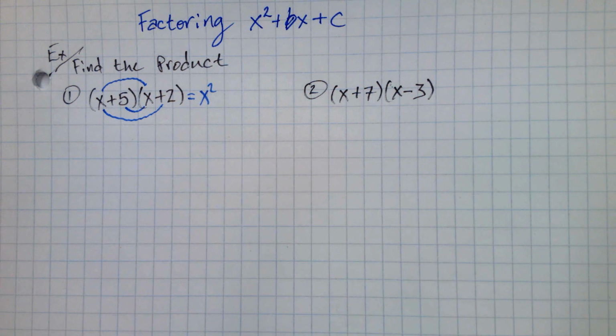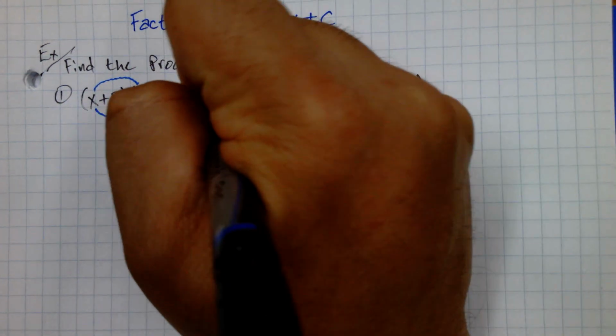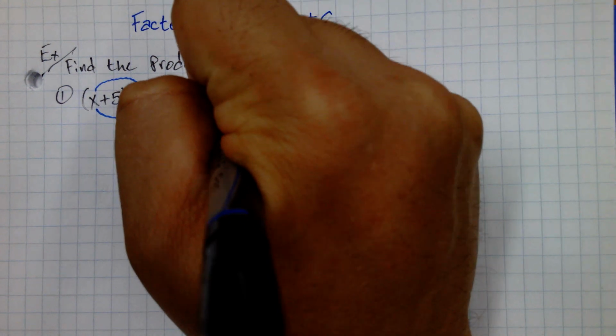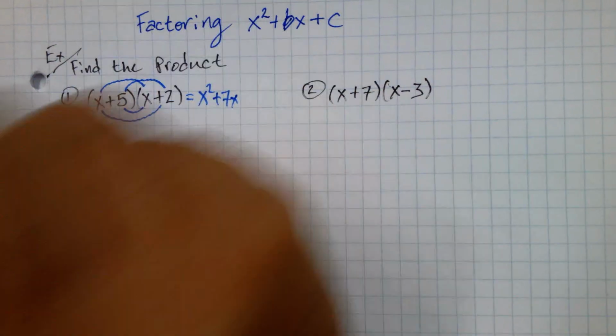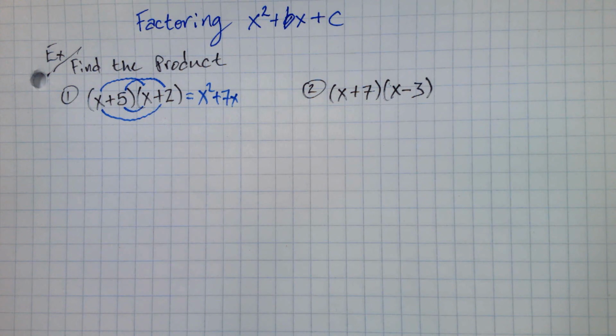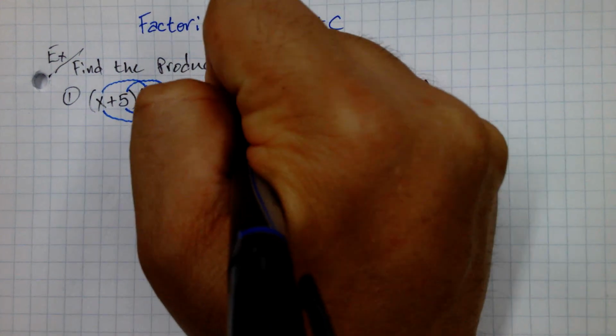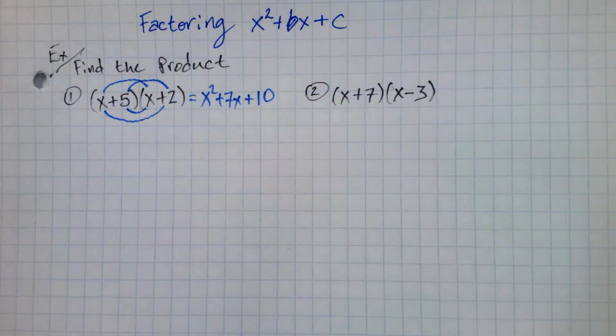That's 5x. Again, keep it in your head. So 2x and 5x makes 7x. And then last but not least, we'll do the last terms, which are 5 times 2. So that's 10. Okay. So we end up with x squared plus 7x plus 10.